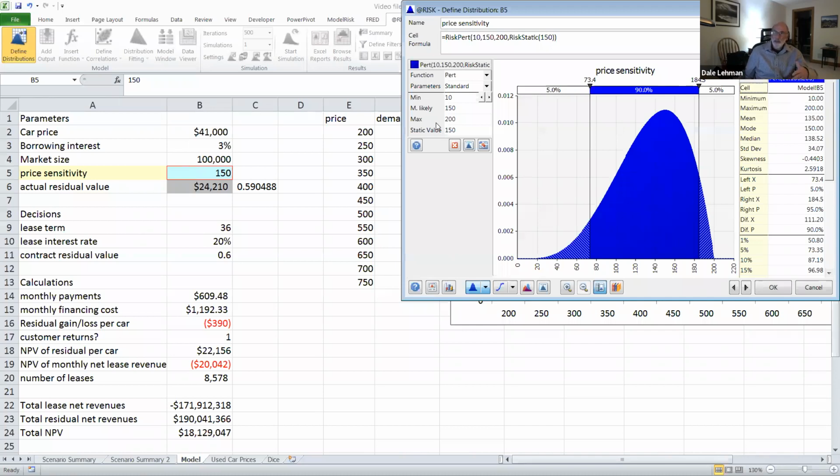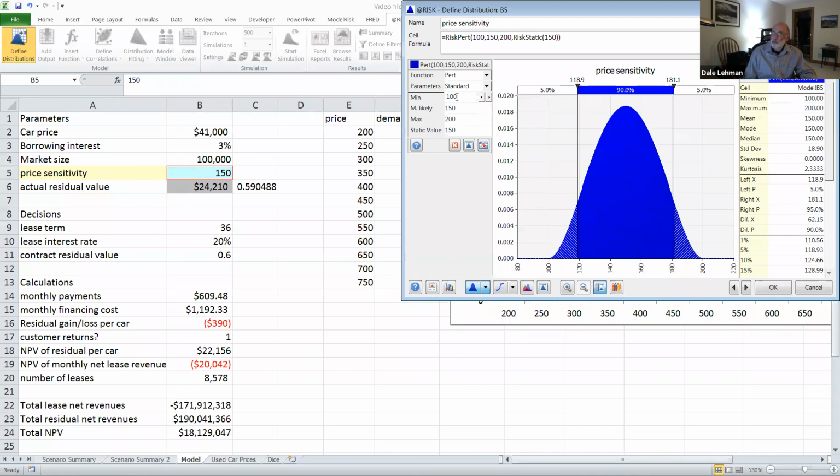They're probably better able to tell you what they think the most likely value is. So the PERT distribution is not very sensitive to the minimum and maximum values. The most likely value is far more important, but it does allow the value to vary. And so I'm going to use this one.